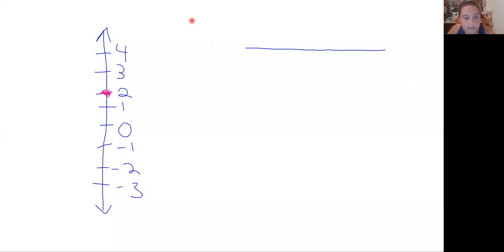Graph -3, start at 0, find -3, you go to your graph, and you draw your circle. So that's just a little bit of a review from yesterday.